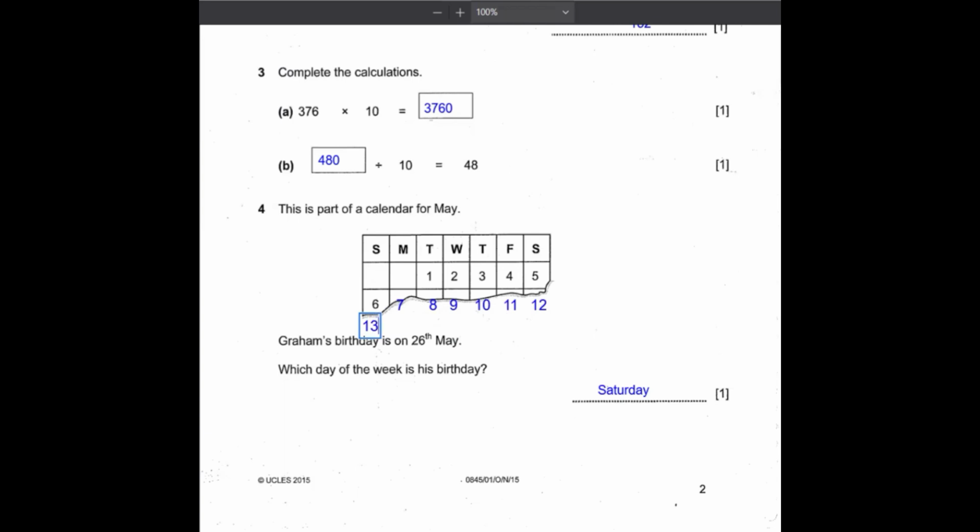Then this is 13, 14, 15, 16, 17, 18, 19, 20, 21, 22, 23, 24, 25, 26. You'll find the 26, it's on Saturday.